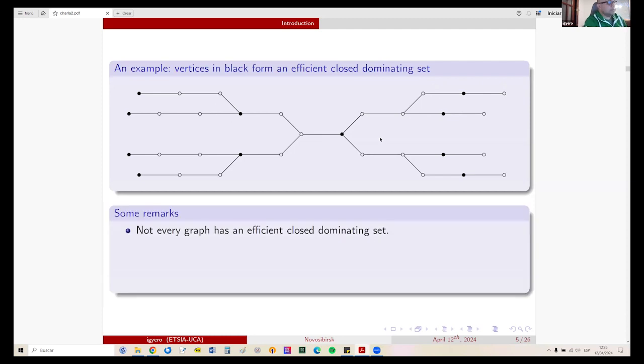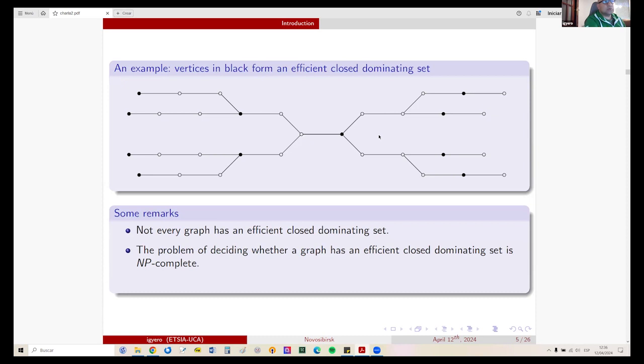Clearly, not every graph has an efficient closed dominating set. You can find a lot of graphs which have no efficient closed dominating sets. As we might think, the problem of deciding whether a graph has an efficient closed dominating set is NP-complete.